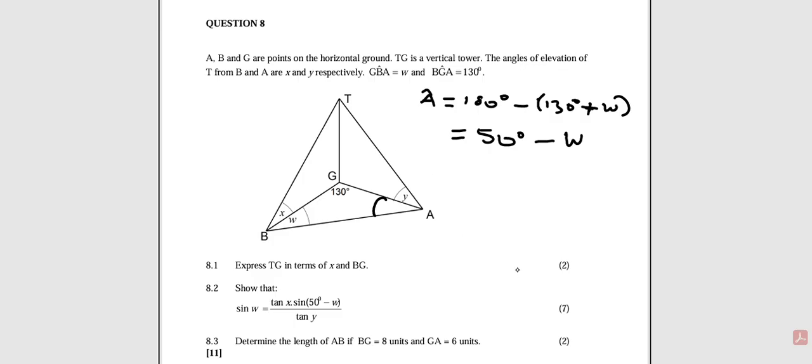So now we already have angle A. This is our angle A. Okay, so the question says express the length TG in terms of X and BG. So we've been told that we need to express the length of TG in terms of X and BG.